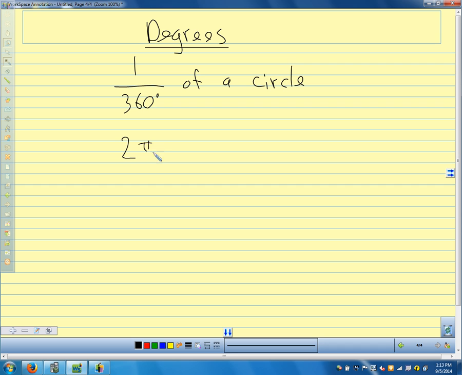So we have 2 pi radians equals 360 degrees. If I divide both sides by 360, I get 1 degree equals pi over 180 radians. So to convert from degrees to radians, I multiply by pi over 180.